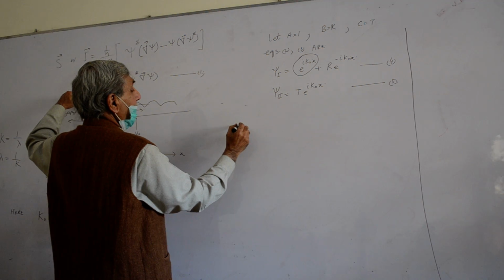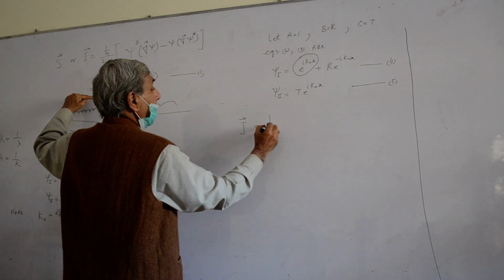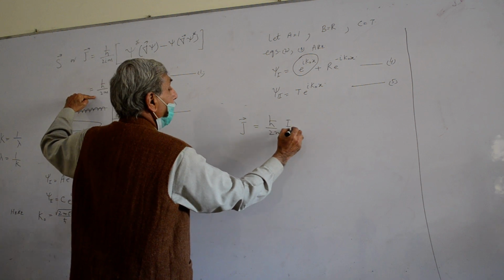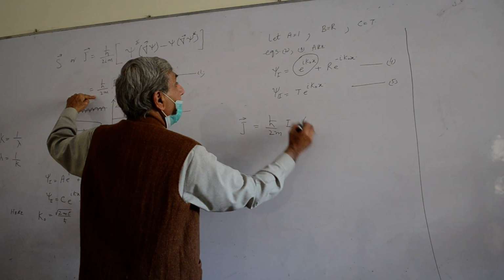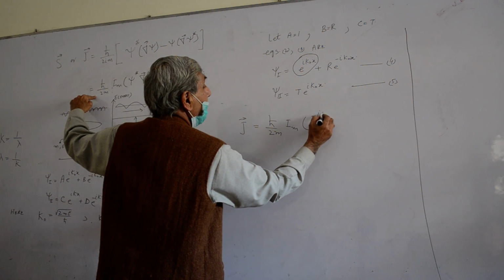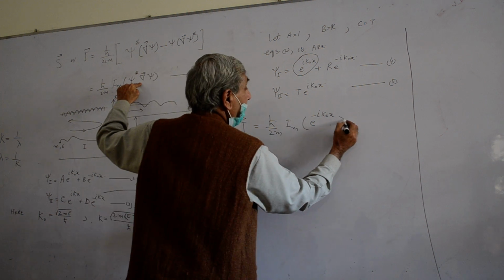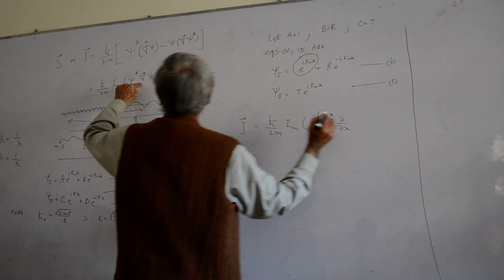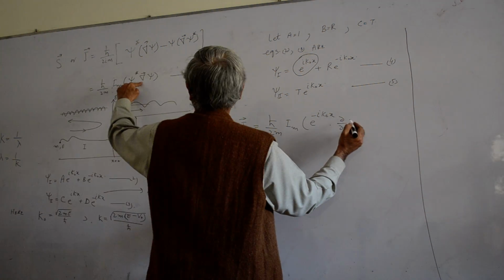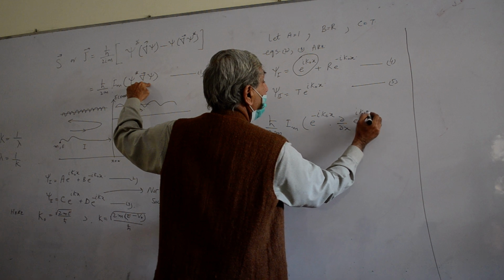You will say J is equal to h bar over 2m, imaginary part of psi star, the complex conjugate of this, which is e raised to minus i k naught x, into del over del x, because we are working in one dimension, not in three dimensions, del over del x of psi, which is e raised to i k naught x.